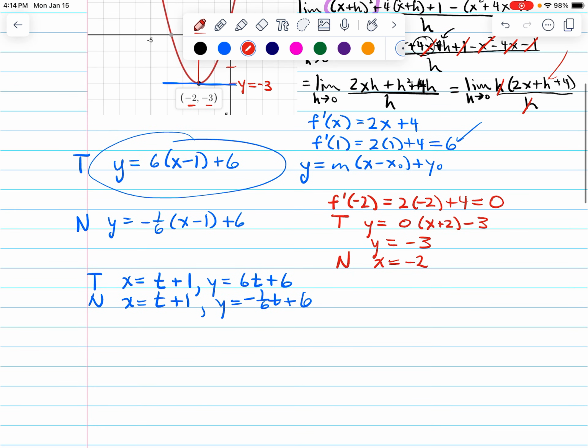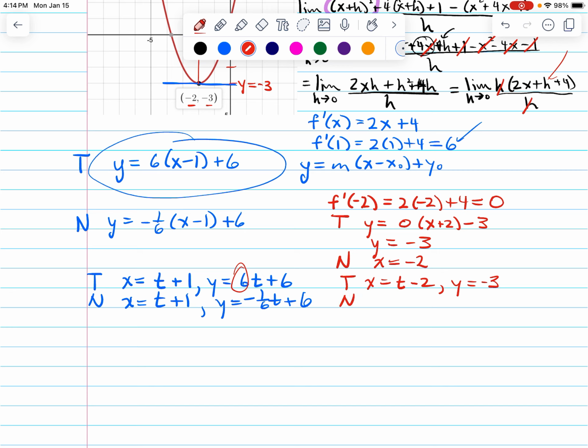Now, as far as the parametric goes on these, let's think about this. You have x equals t minus 2, and the y is just simply going to be -3. y is always -3. There's no t in there. Or you could put the slope there, which is 0, and you still get negative 3.